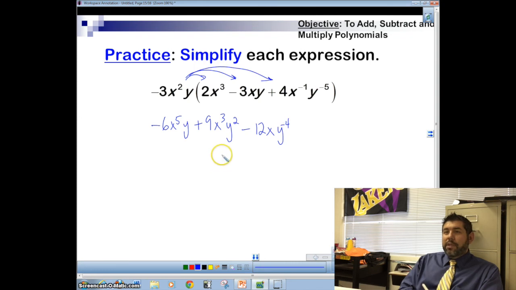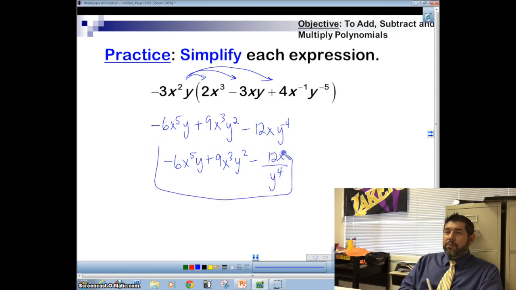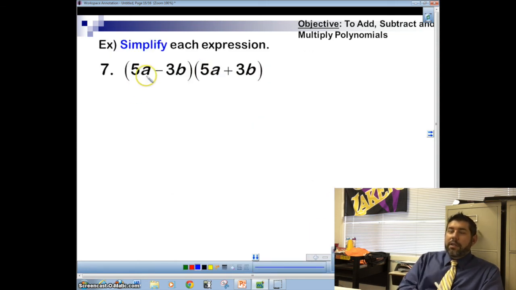Okay, we'll probably just leave it like this. I think the only other way you can write this guy is if you change that negative power to 12x over y to the 4th. This is probably the best way we can write it with no negatives. All right, let's move on.